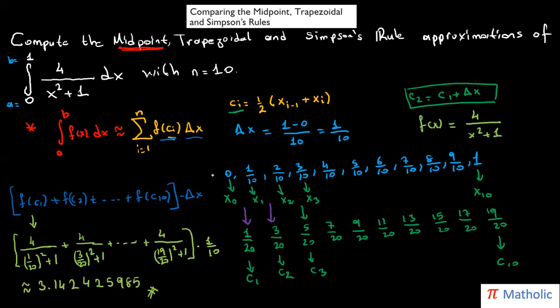We're going to do the same work, but using a different rule to approximate the second one, which is the trapezoidal rule. Yes, let's do that. So let's call this one the midpoint rule, M10. 10 means n is 10, okay? And let's call the other one T10.